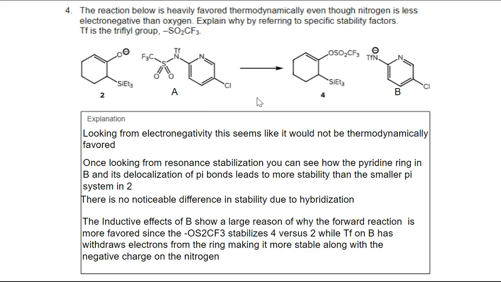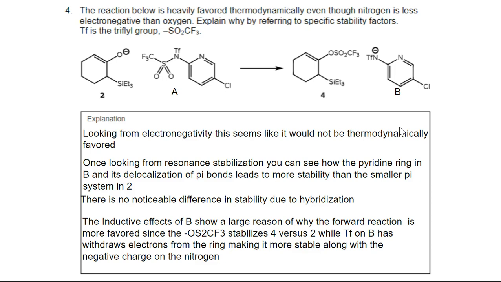And once we get down to the inductive effect, this is where you can really see a big difference in why the forward reaction would be favored over the backwards reaction. You can see that the OSO2CF3 gets moved from A onto 2, making 4.